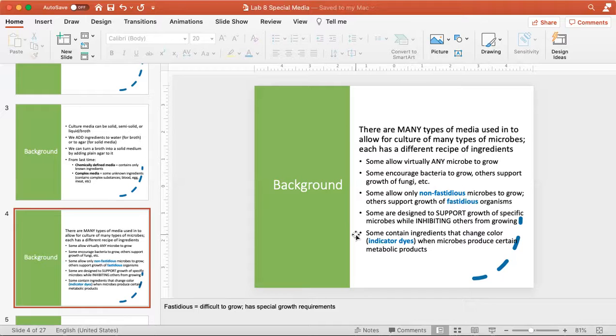The indicator dye will tell us, in other words, if a certain product molecule is being produced because it will change color. We'll be able to see it just by looking at the container. And we'll be able to say, oh, look, this microbe is secreting something acidic, or this microbe is secreting something alkaline. The indicator dyes allow us to see that.